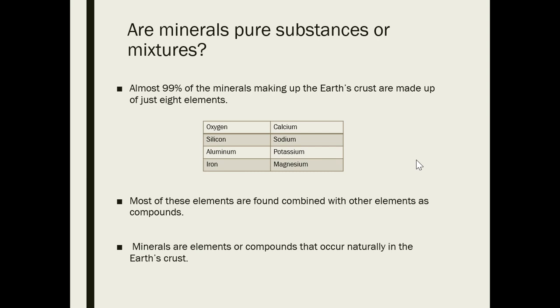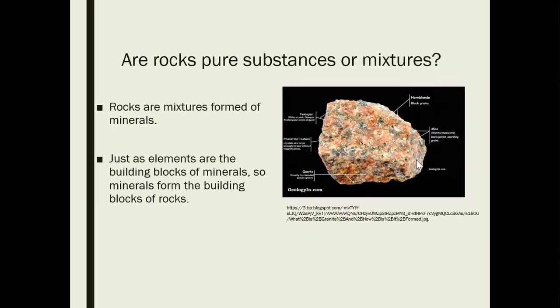And those minerals usually occur naturally in the Earth's crust, and those compounds will sometimes, not always, but sometimes be a part of a heterogeneous mixture. So here we got a rock. It's formed by the minerals. The minerals themselves are elements combined together, but you can see when they mix together, they don't mix very smoothly. You get a bunch of different types of particles, and this would be a heterogeneous mixture.